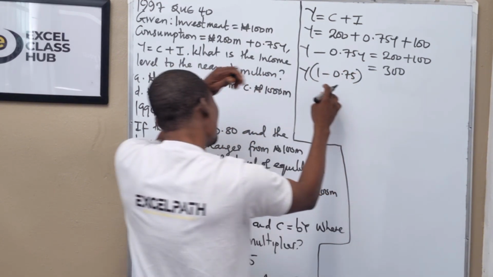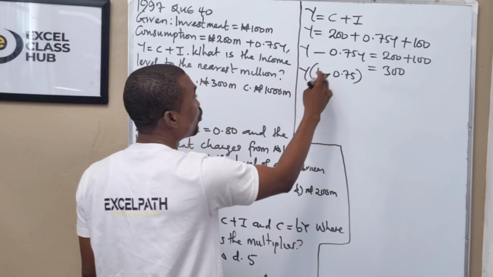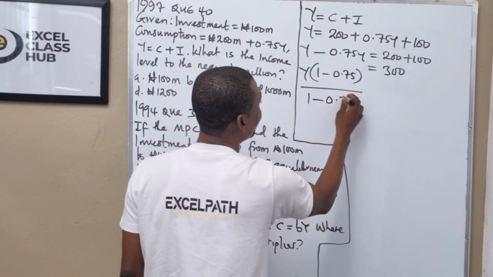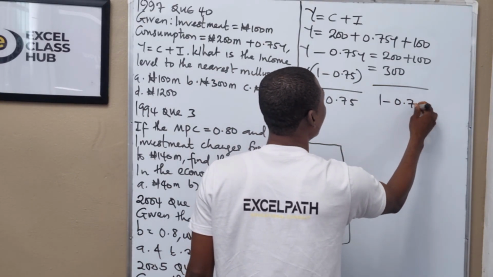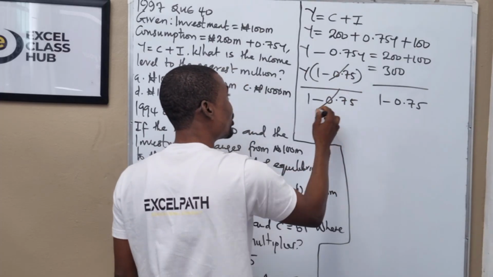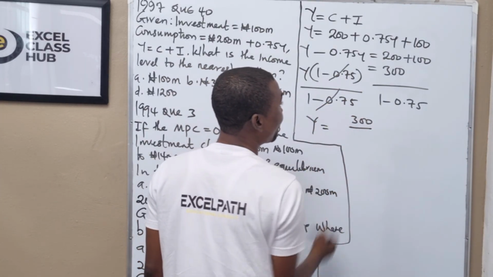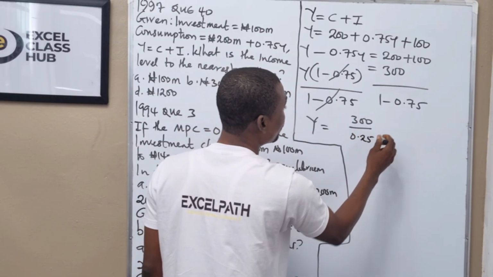Okay, so we are looking for the value of Y. So we divide both sides by the coefficient of Y, which is 1 minus 0.75. So we cancel this. We have Y equals 300 all over 1 minus 0.75, which will give us 0.25.